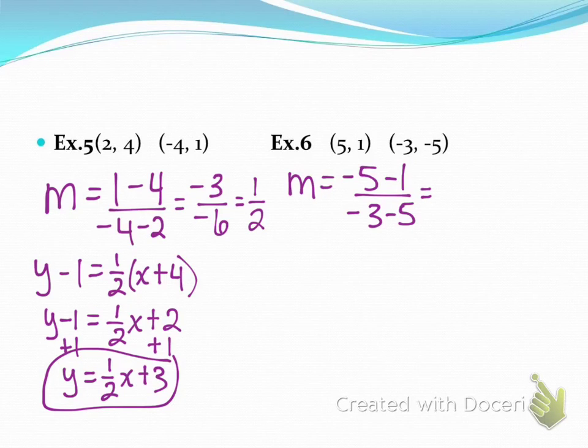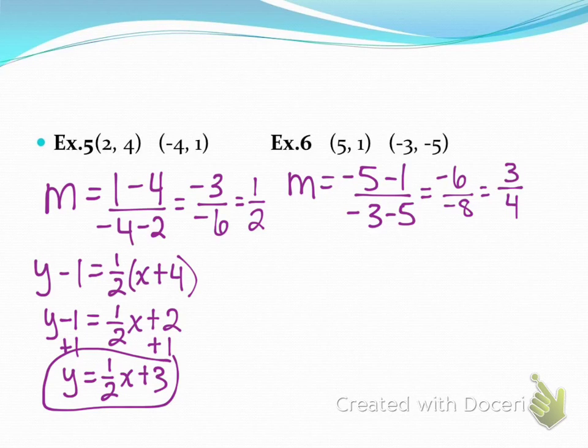What is negative 5 minus 1, Kyan? Negative 6, good. And negative 3 minus 5? Negative 8. A negative over a negative will simplify to a positive. 6 over 8 simplifies to be 3 over 4. Very good.